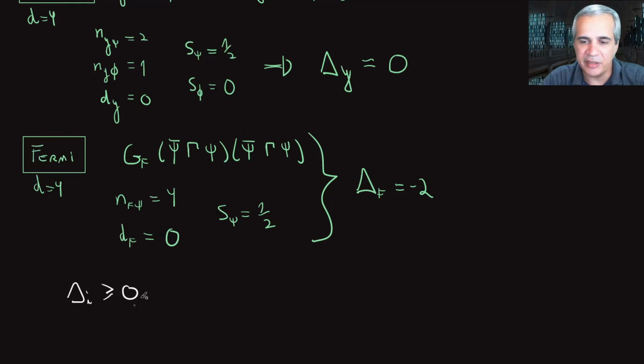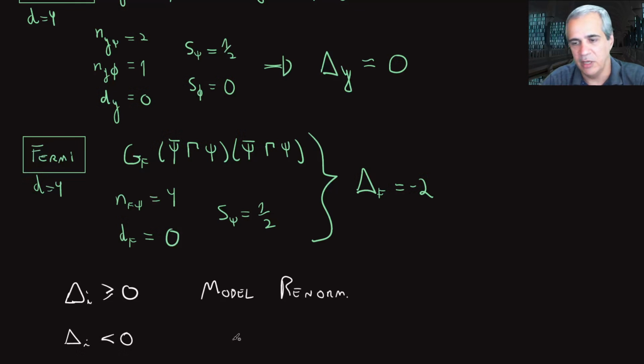And if every interaction in my model is like that, suppose I put many interactions there, I calculate, I figure out what delta I is for each of them, and they are all either renormalizable or super-renormalizable, which is the case where delta is bigger than 0, not just 0. If everyone is renormalizable, then the model itself is renormalizable. Right? Now, if any of these interactions is non-renormalizable, that means that the whole model is non-renormalizable, right?